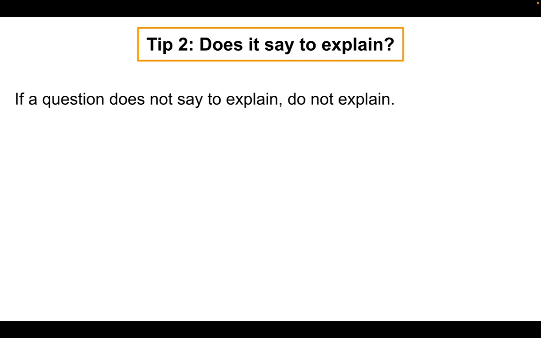It is tempting because students feel like if they just say the answer but don't explain, that's somehow not enough and they're going to lose points, but that's not the case at all. In fact, on the AP micro exam, less is often more. You want to just say enough to get your point across and then move on. So if it doesn't say to explain, don't.